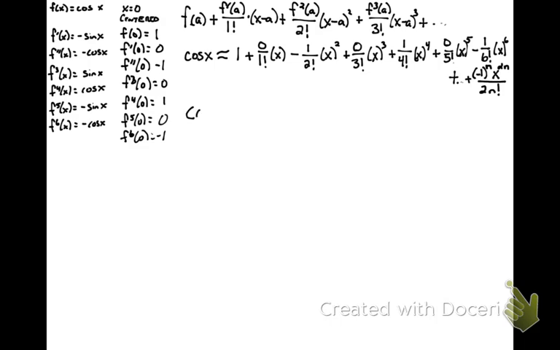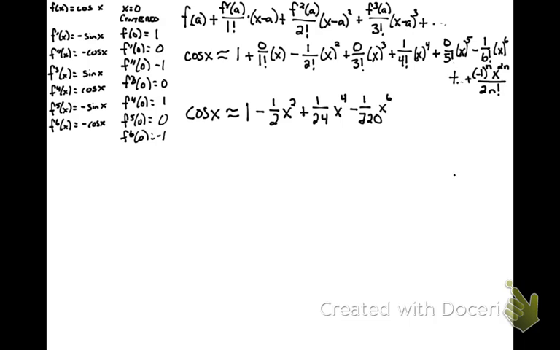So if we simplify this, the cosine of x can be approximated by 1 minus 1/2 x squared plus, well, 4 factorial is 24, so 1 over 24 x to the 4th, and 6 factorial is 720, so minus 1 over 720 x to the 6th.